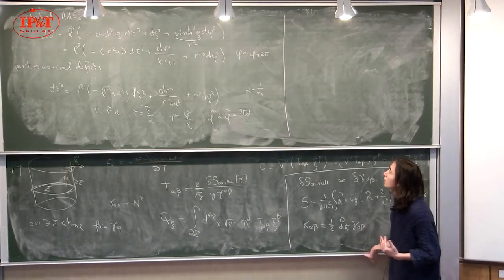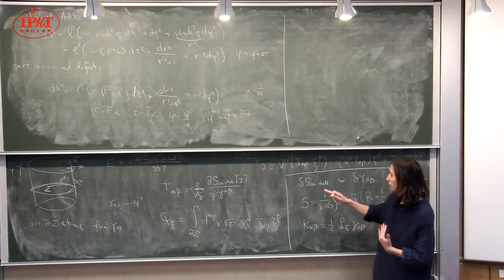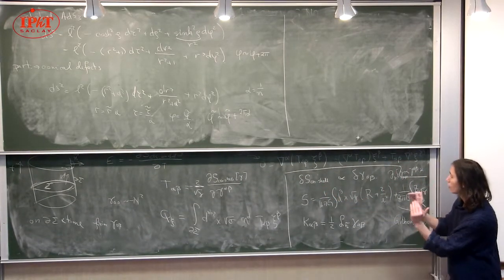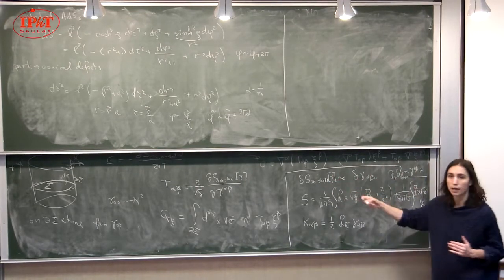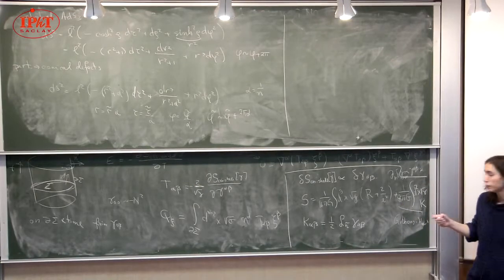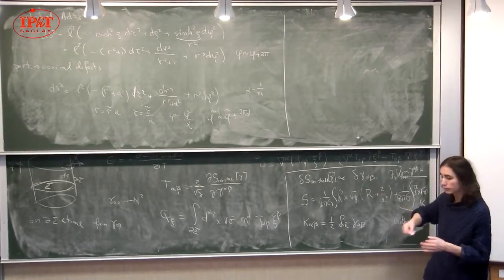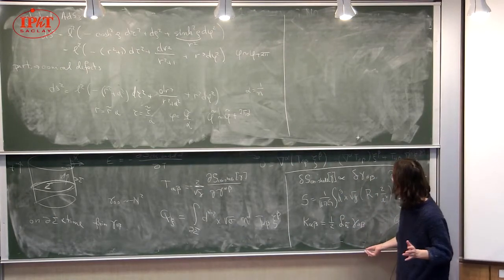Anyways, once you've defined the correct on-shell action that only depends on the boundary metric gamma, when I vary it, it's only proportional to delta gamma, and I don't get normal derivatives. So the normal derivatives can be anything they want.